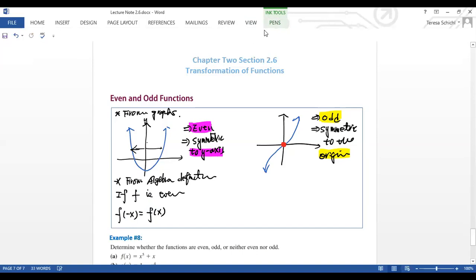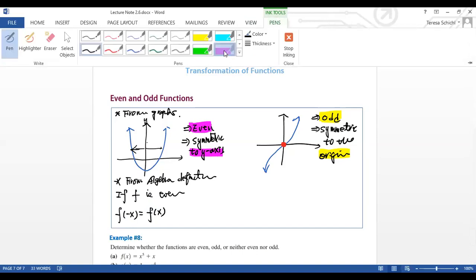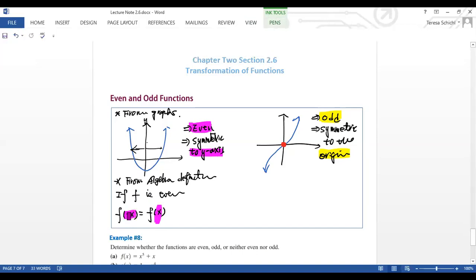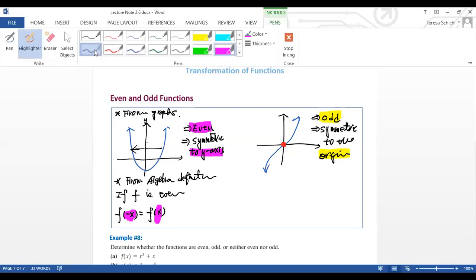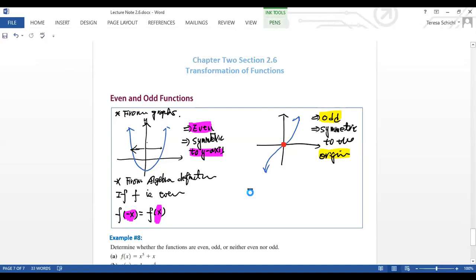That means if it's even, you put in x and you put in negative x, and they will give you the same thing. In the same way, if f is odd, and you put in a negative x, it is going to give you negative f of x. This is a very important concept.